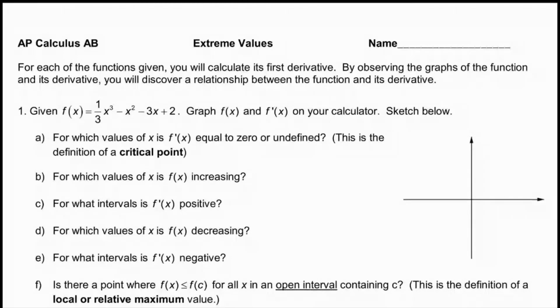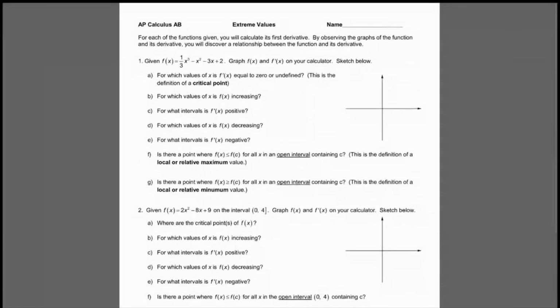What I included here as a supplemental worksheet is reinforcing the idea of the first derivative test. So this is not something that you have to turn in, but this is something that I really want you to work through. So I have this worksheet attached to the set of notes that is titled Extreme Values, and it's going to have you go through a series of examples so that you really get a full understanding of where the maximums and the minimums are going to be occurring.